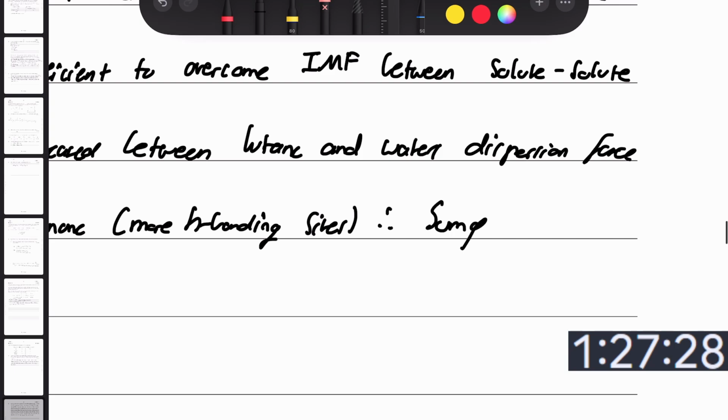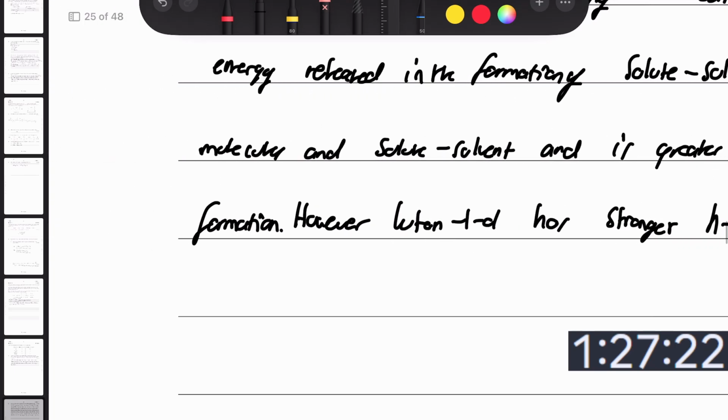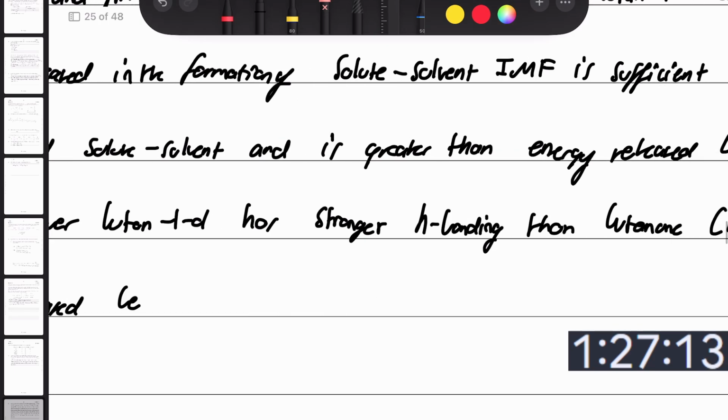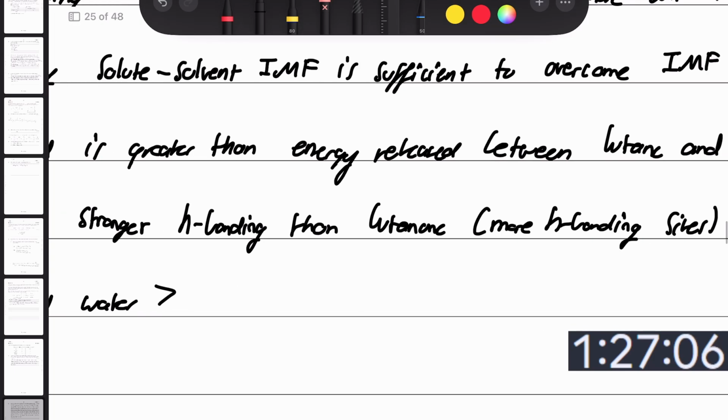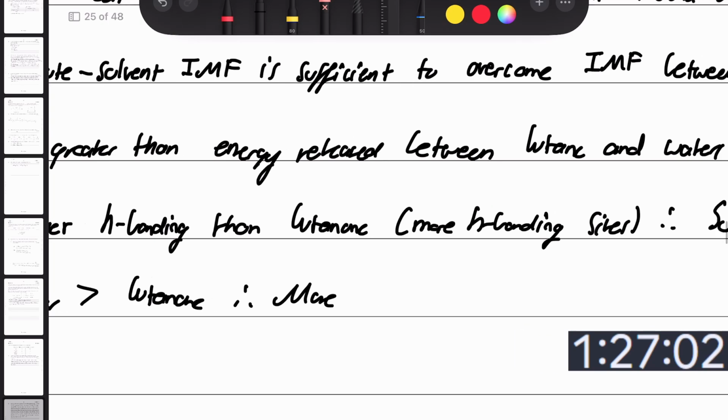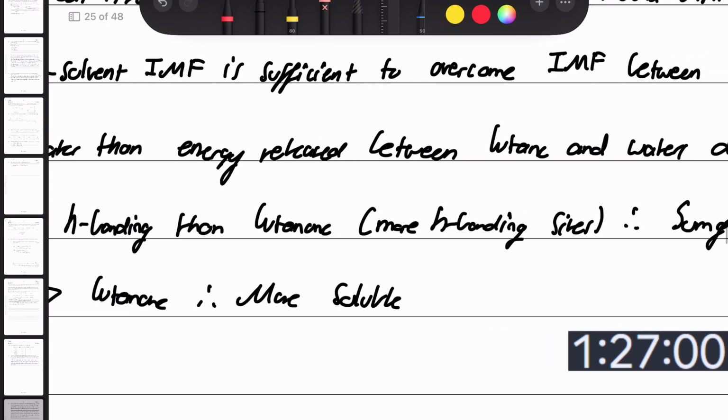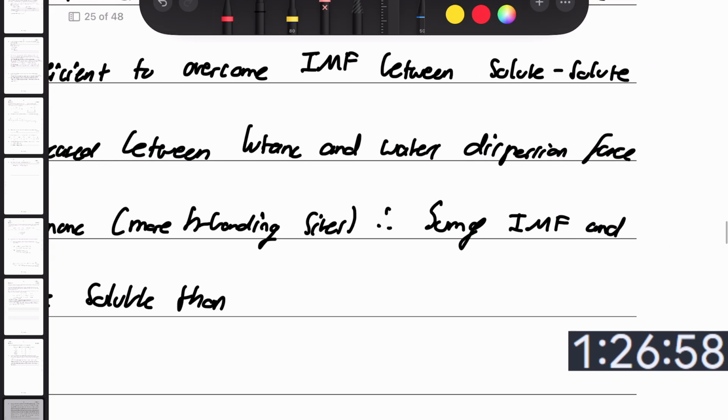Therefore, the sum of IMF energy released between it and water is greater than butanone. Therefore, more soluble than water and butanone.